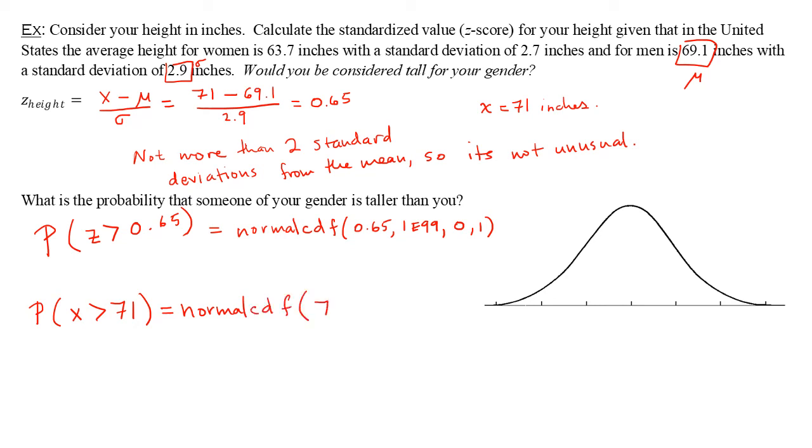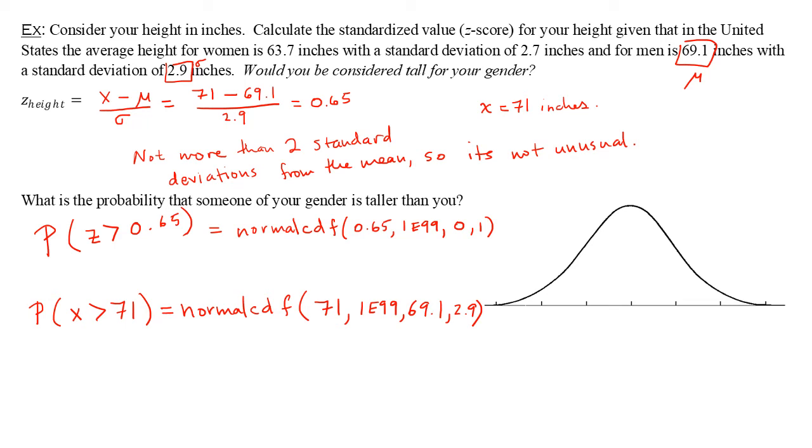My lower value would be 71, my upper value 1e99, and now my mean would be different, right? The mean we'll use is 69.1. Standard deviation was 2.9. So this is how we were doing it before, using the standard normal distribution. But we can also compute it in this way here.